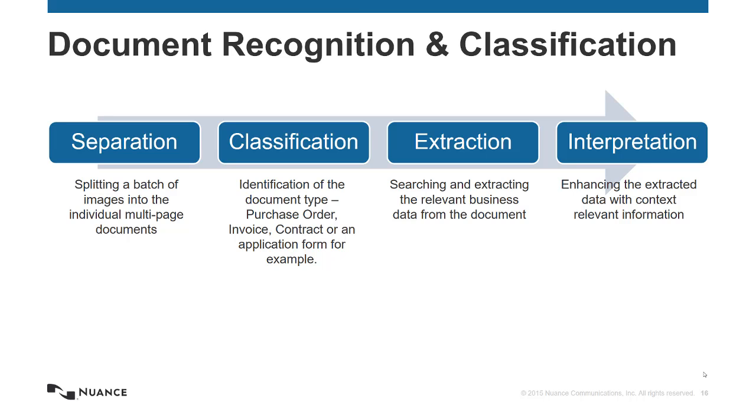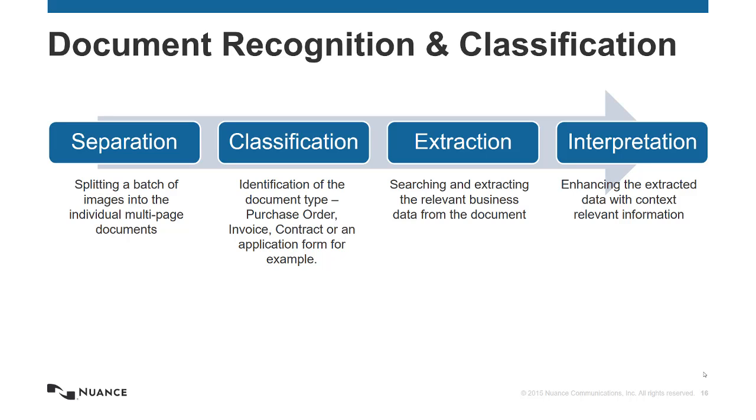When we go into document recognition and classification, it's made up of 4 general steps. When we're capturing documents or a batch of documents, where the documents may well be all different types, we need to capture them and split the documents up using separation. That separation is done using information based on the features of that document.